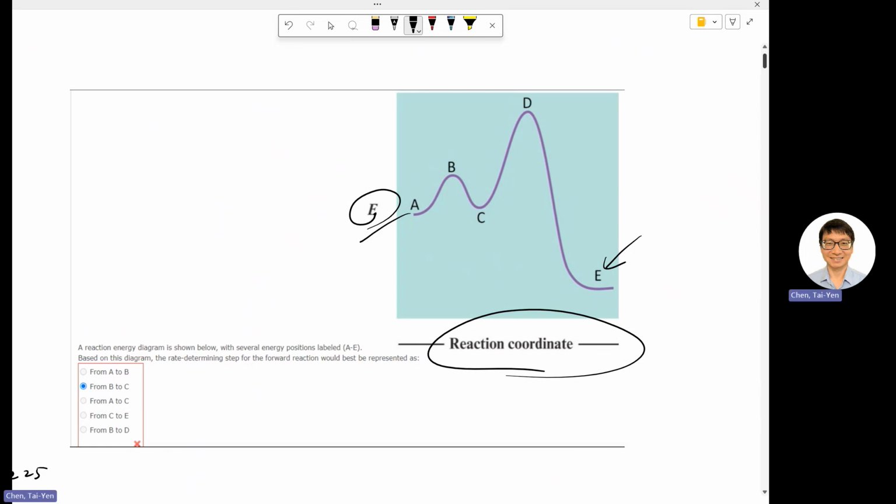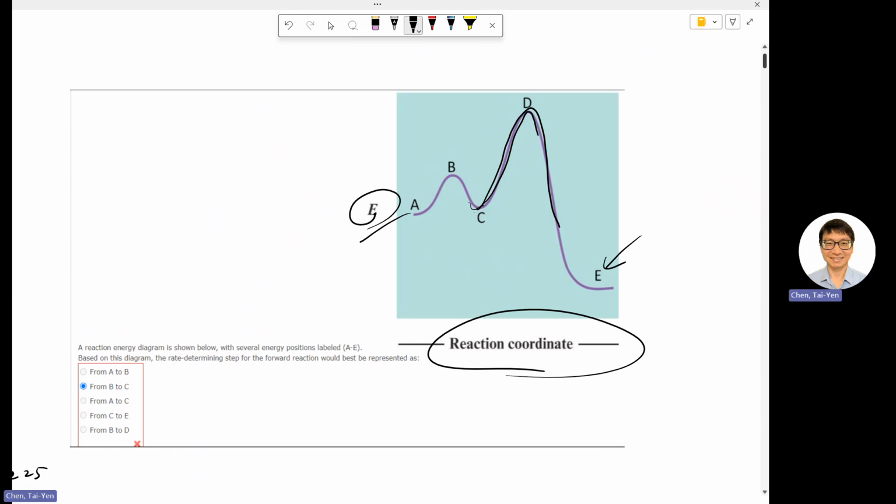So the step with the highest energy barrier will be your rate determining step. In this case, it will be this step, because that is the step you need to hop over so the reaction will go forward.